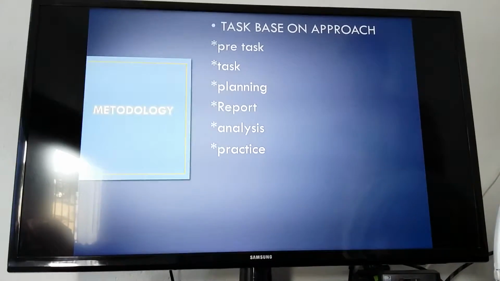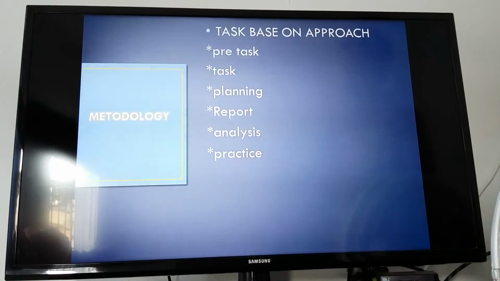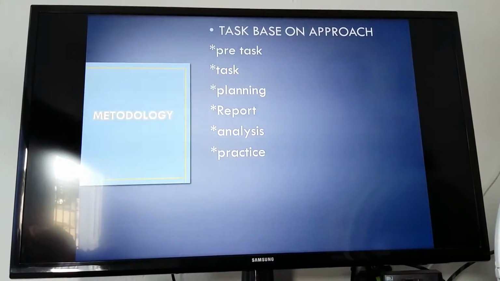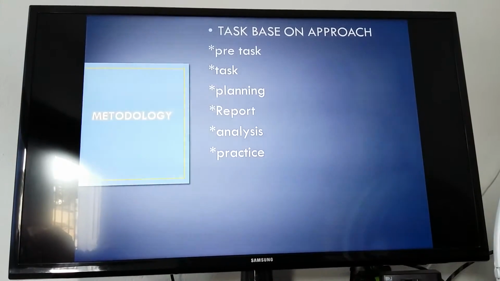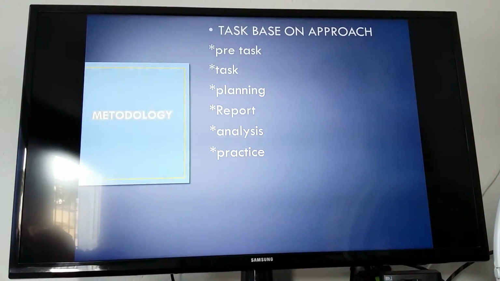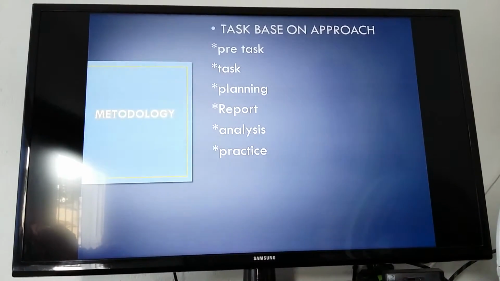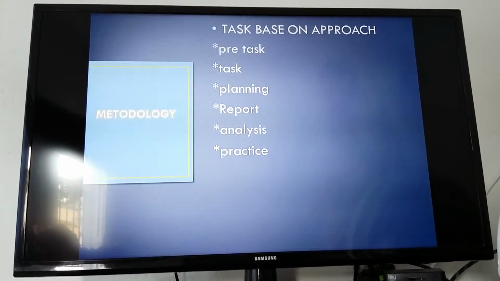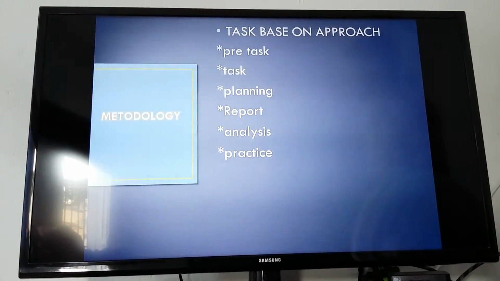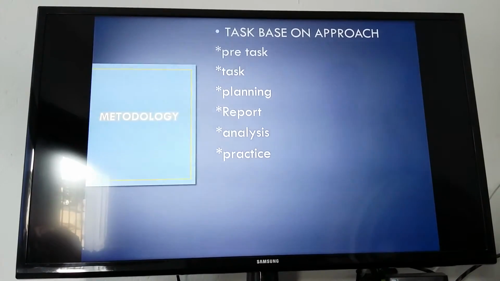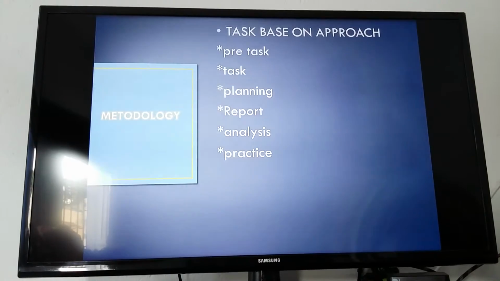In the report, students report back, orally or in writing, the most common mistakes that they made. In the analysis, the teacher highlights or explains the main errors made during this exercise. And finally, the practice. In this part, the teacher selects some areas, maybe the mistakes that the students made, and explains and gives some feedback so that the students don't repeat those errors.